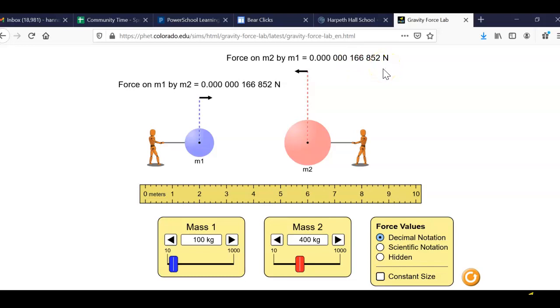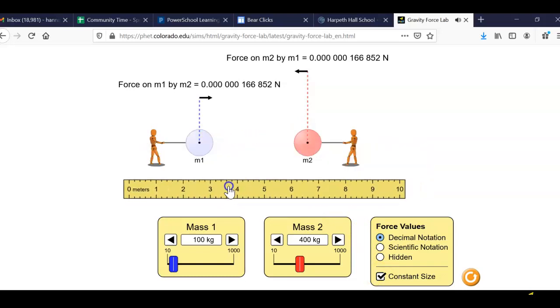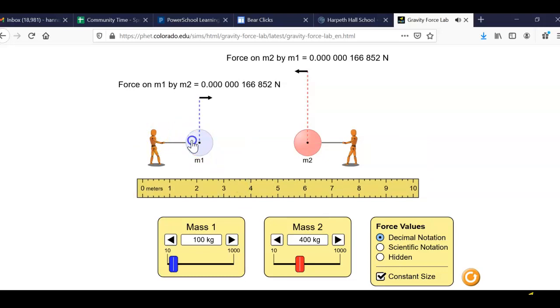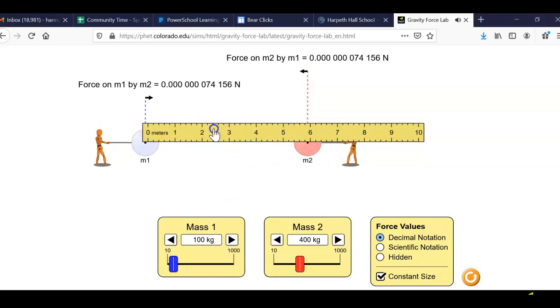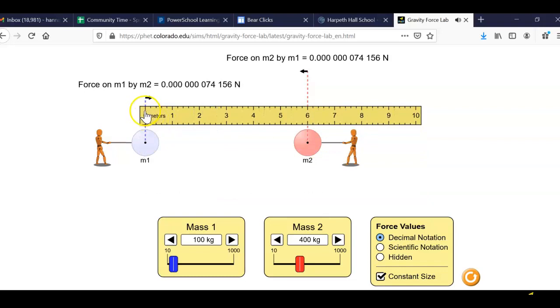Okay. As far as setting up this tool, there are a couple of things that you'll want to do. One is that we would like to make the spheres a constant size. And so I'm going to click this box for constant size. And then the other thing is that you'll notice that this ruler, you can move it around. And so I'm going to move the blue sphere a little bit further to the left, and I'm going to move the ruler so that the 0 meter indication is aligned with the blue dashed line that passes through the center of the blue sphere.